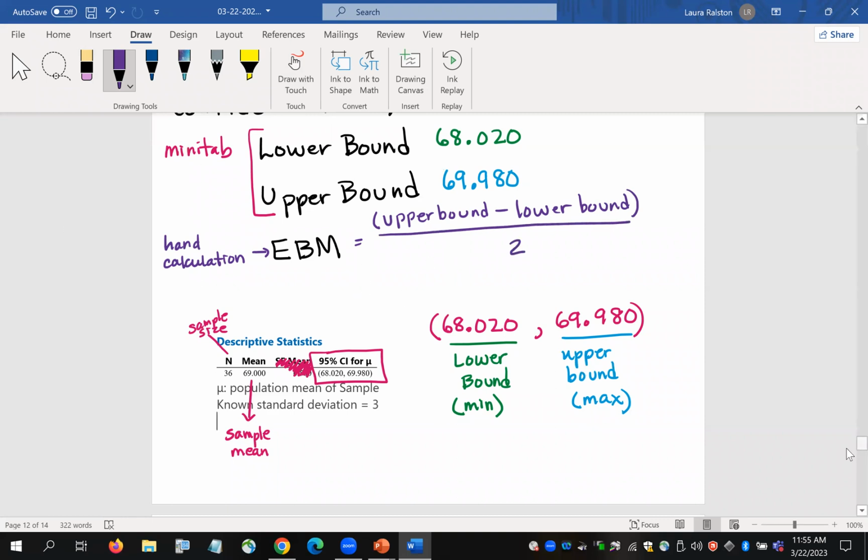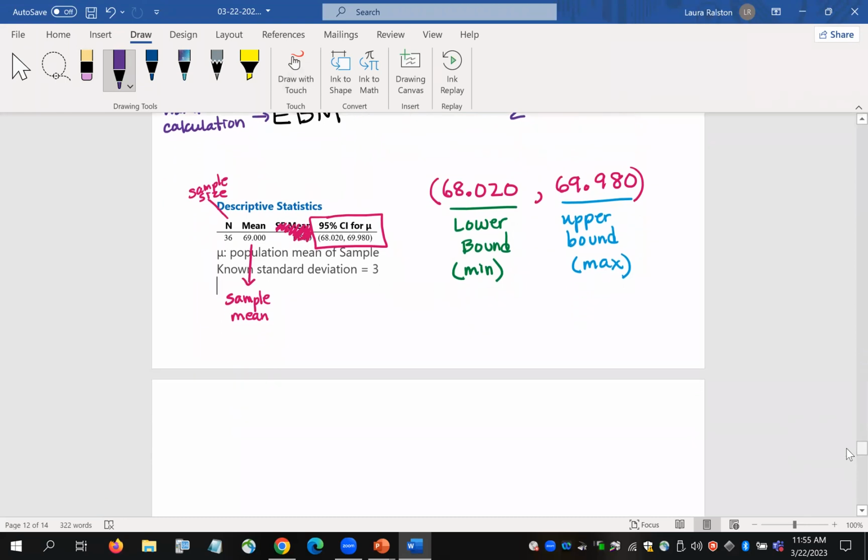So I have 69.980 minus 68.020, and then I divide that by 2.